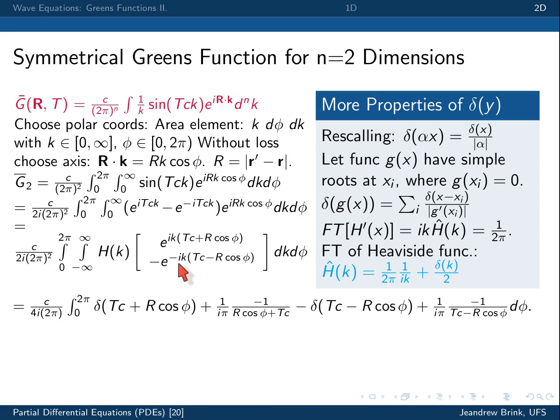And so to evaluate that, we simply say the Fourier transform, so it is 1 over 2 pi, so that loses one factor of 2 pi there, is equal to the Fourier transform of this first term.